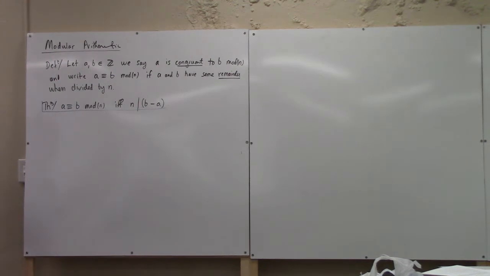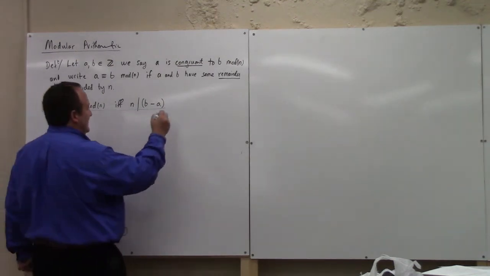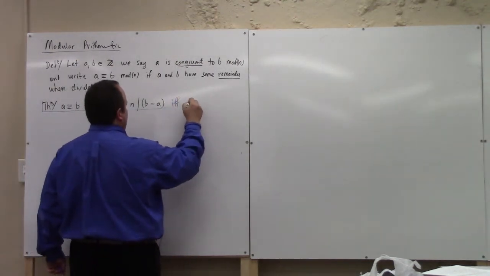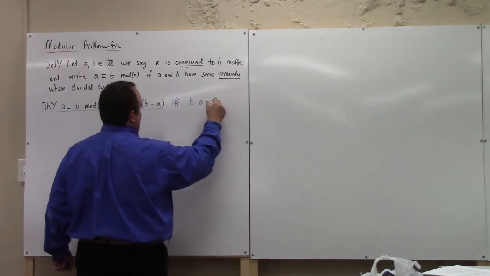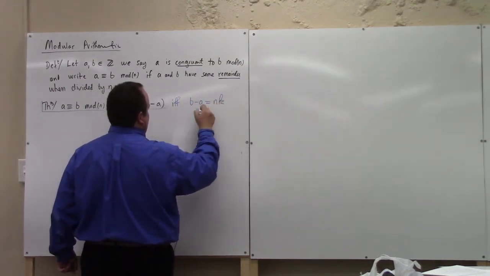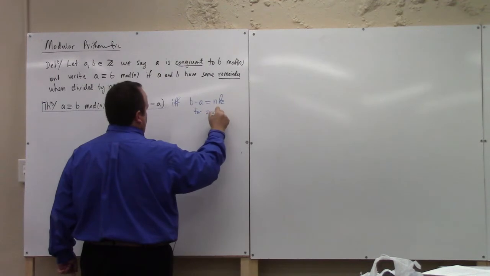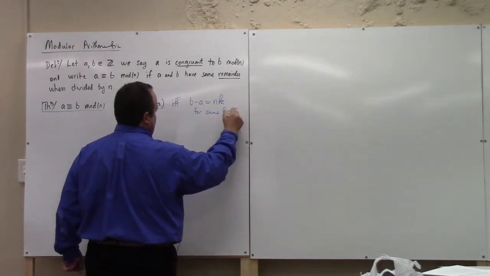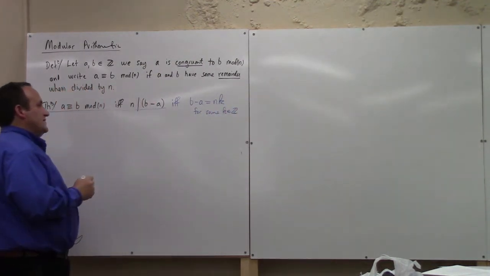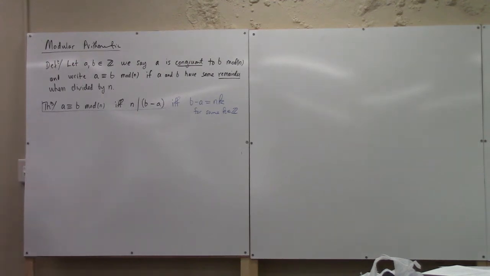Clearly, I don't like this definition. I actually prefer what's in the theorem as a definition, right? A is congruent to B if they differ by a multiple of n. This is really if and only if B minus A is equal to n times k for some k in the integers, right? That's really what that means. B minus A is a multiple of n.